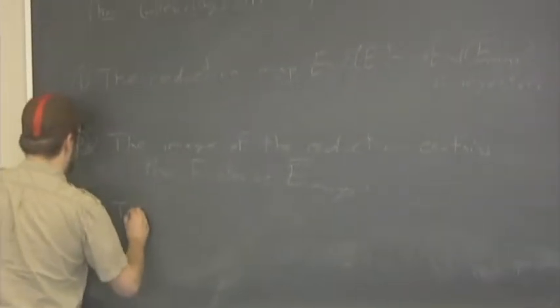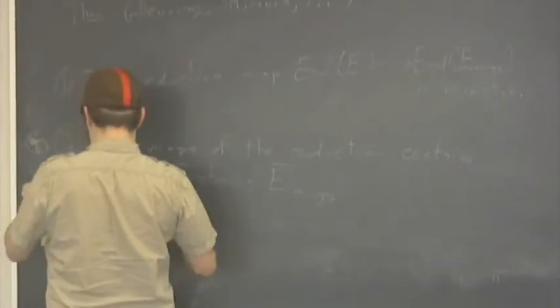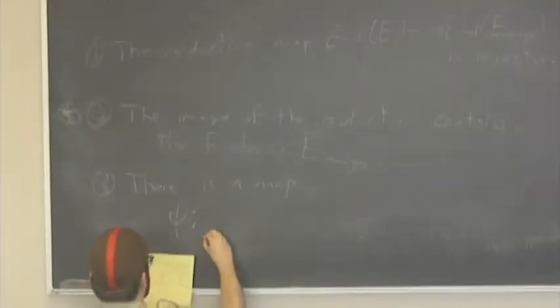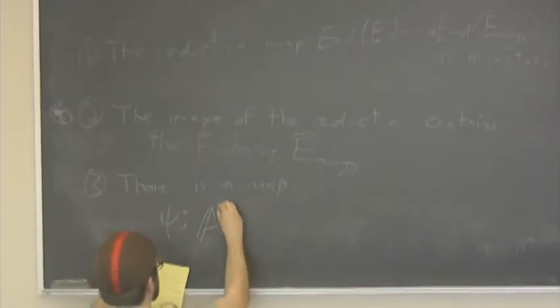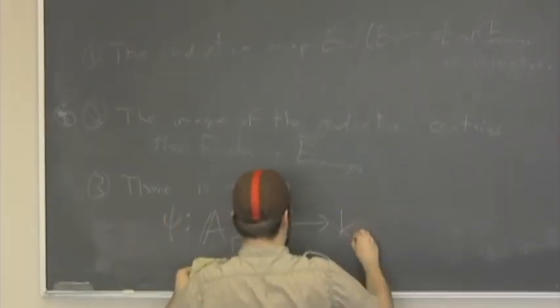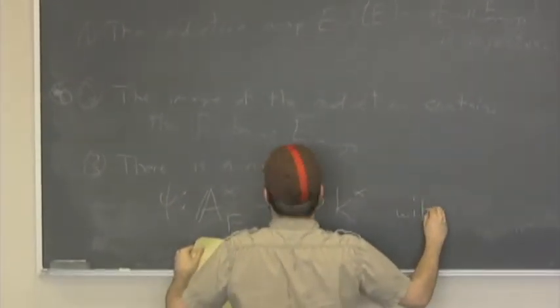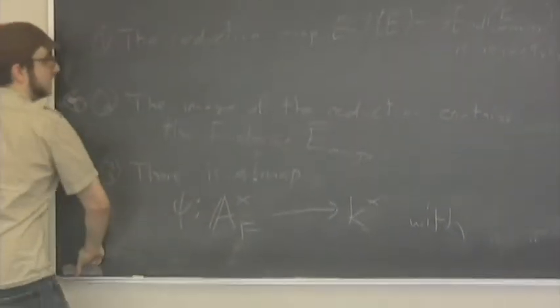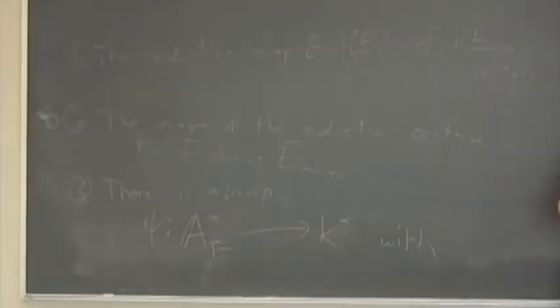Okay? The third part of this theorem is that there is a map psi from the ideles of F down to K, and, sorry, I should say there's a unique map psi satisfying the following three conditions.